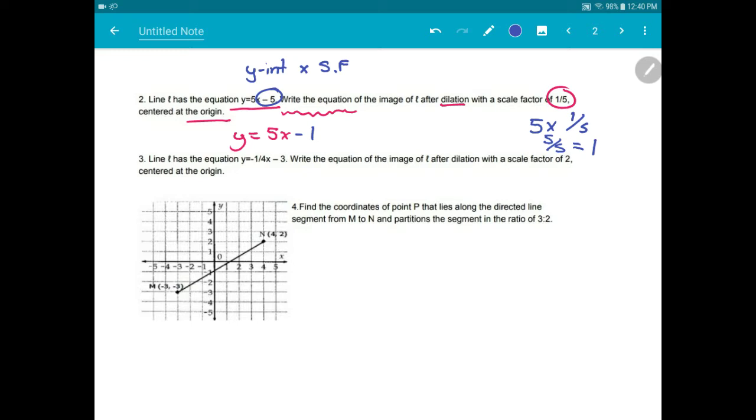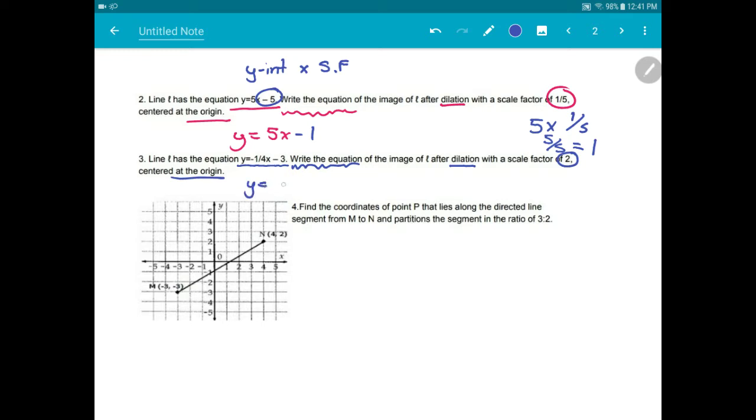So similar sort of situation. A line has the equation of negative 1/4 x minus 3. Write the equation after a dilation with a scale factor of 2, centered at the origin. Again, what we're going to do here is write the equation. When I start to put that in, again the slope won't change.